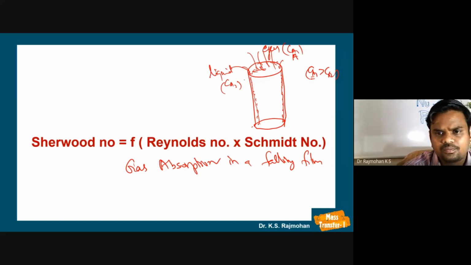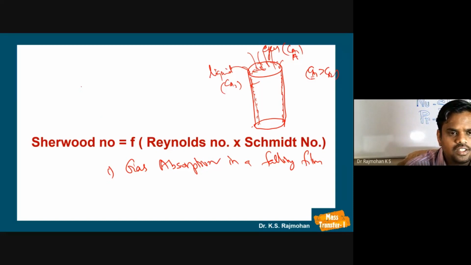So mass transfer will happen from the gas to the liquid through this thin falling film. This is a typical case where you have fluid mechanics, momentum transfer, since the fluid is moving, and heat transfer also, because the gas may be entering at a different temperature, so heat transfer can take place simultaneously, and mass transfer also can take place. That is one example.